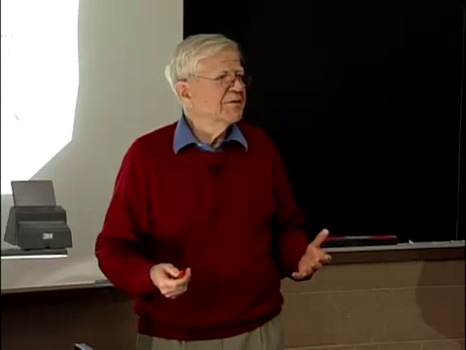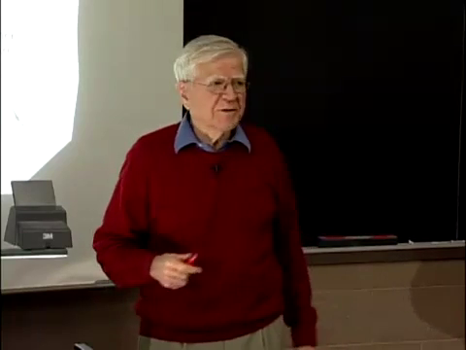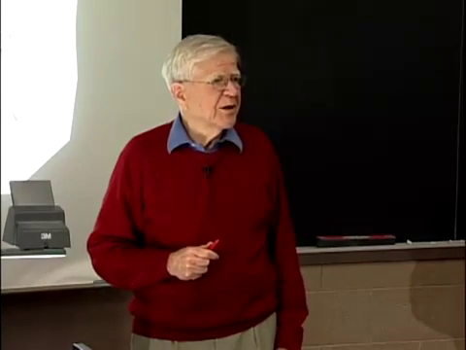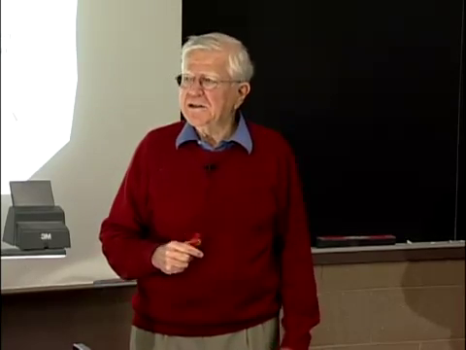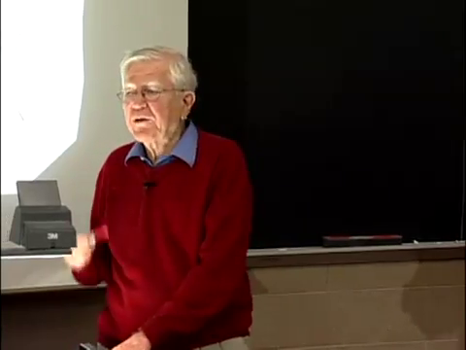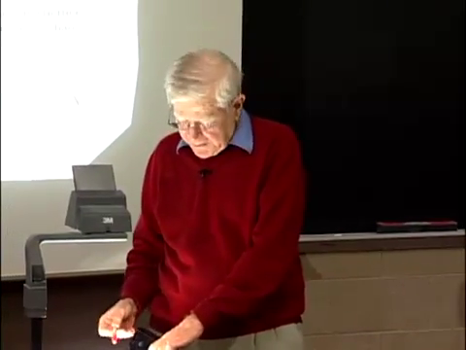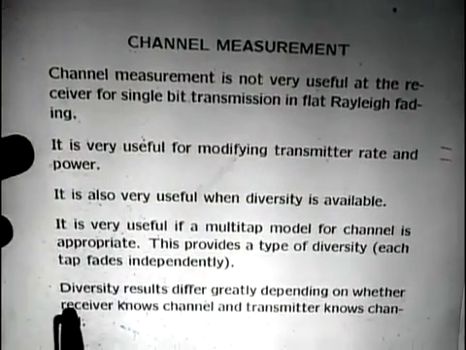Because when you look at a Rayleigh faded channel, the first thing you analyze is this incredibly small number of degrees of freedom, and you say, wow, that's awful, there's no way to deal with that. And then you start looking for something, and you say, well, diversity helps me. But in general, this is the general scheme of things that we're going to use.